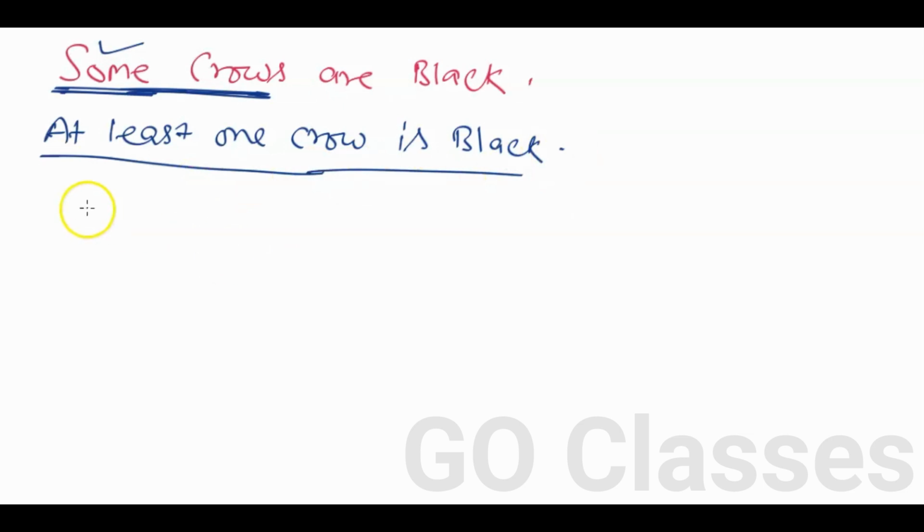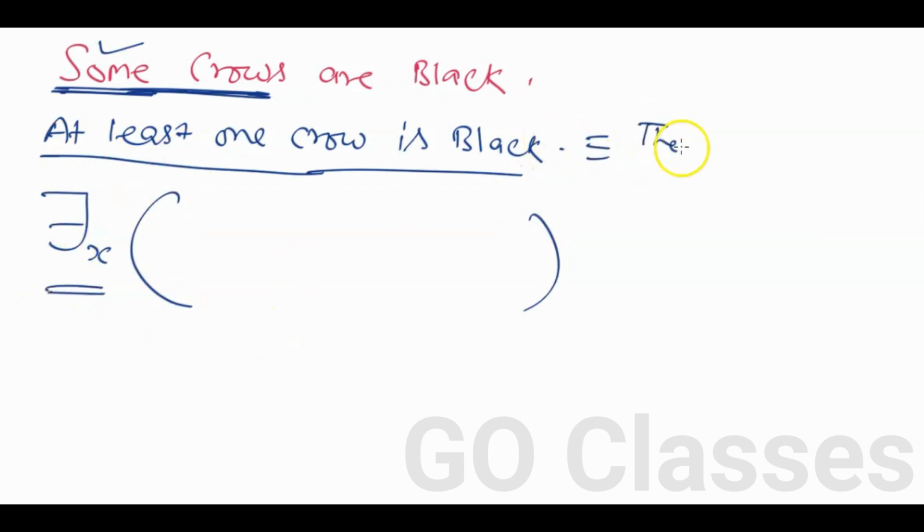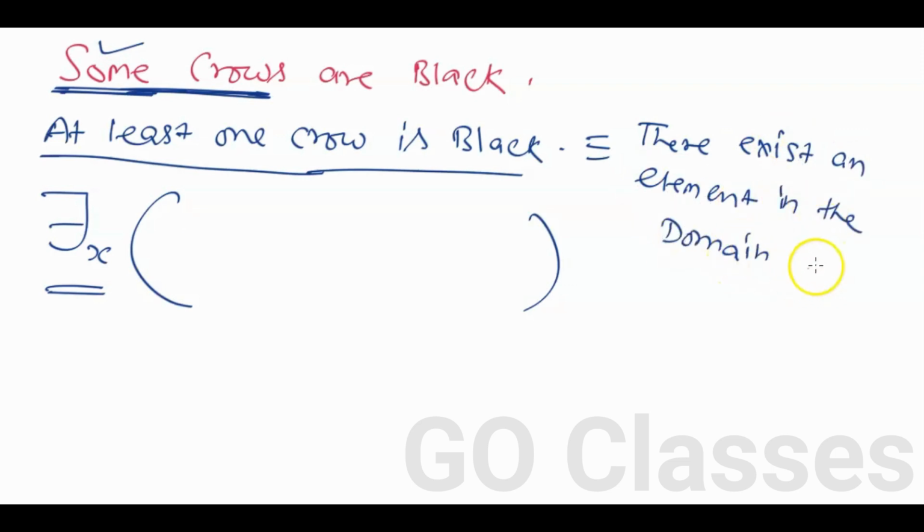So at least one crow is black means there exists an element in the domain such that it is a crow and it is black.